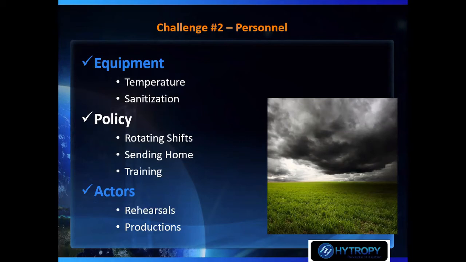Don't write a policy that says, for everybody, if you have 100.3 or higher and you've been sick for a couple of days, you have to go home. No, you need to say it for performers, for management, for staff, because if it's too broad and generalized, people will try to go around the policies or they won't see it as anything of value. So you need to lay that out, and that needs to be really clear.